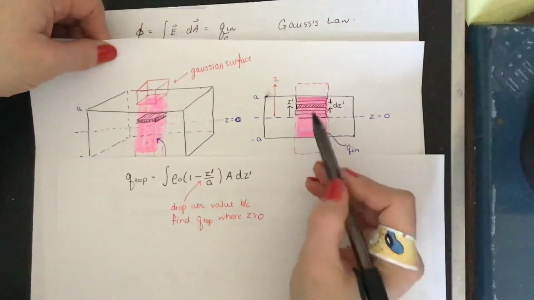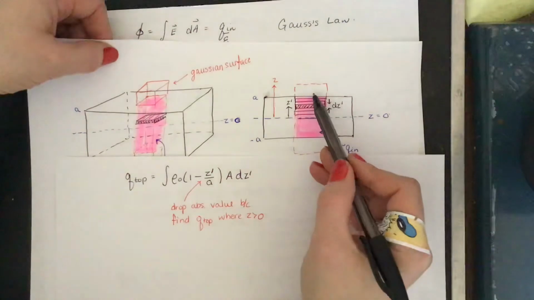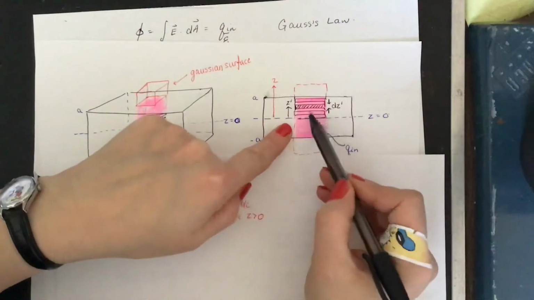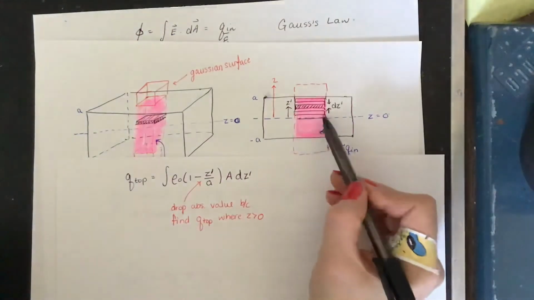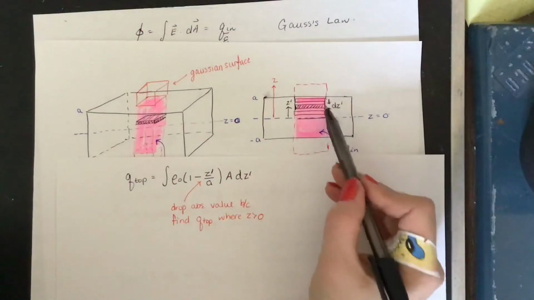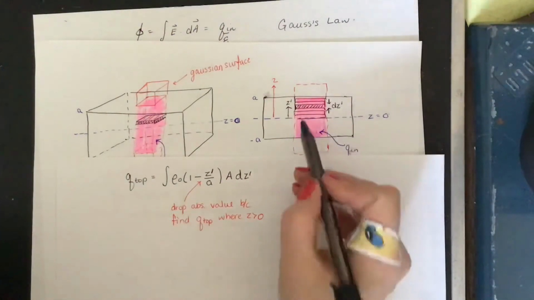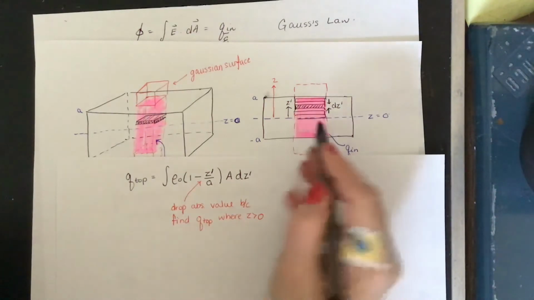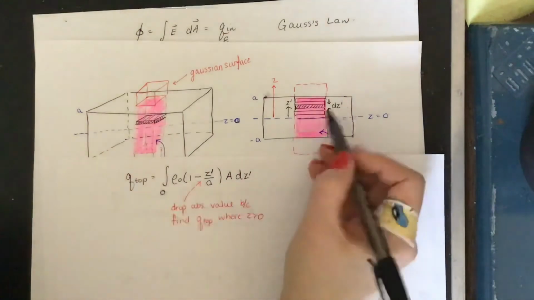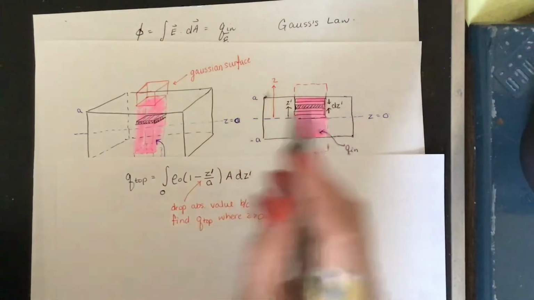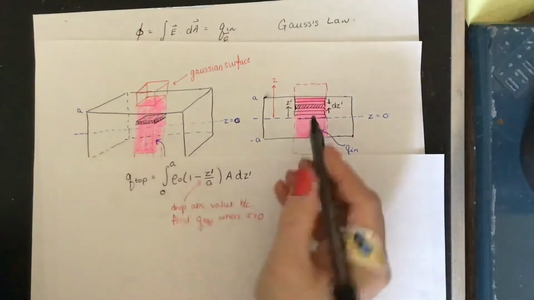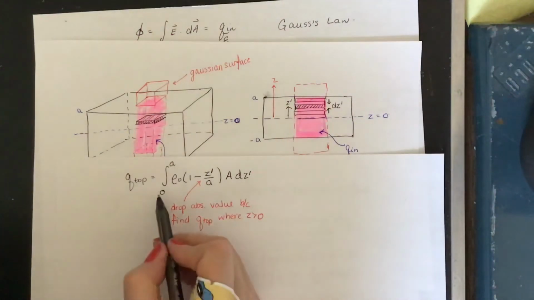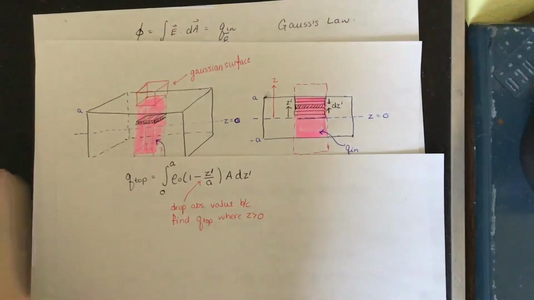Inside my Gaussian surface, the only thing that's charged is what's shaded in pink, the slab of charge itself. So my integral will start at the bottom of the top half and go to the top of the charged object, which has a coordinate of z primed equals a. So we integrate from the bottom to the top of the slab.